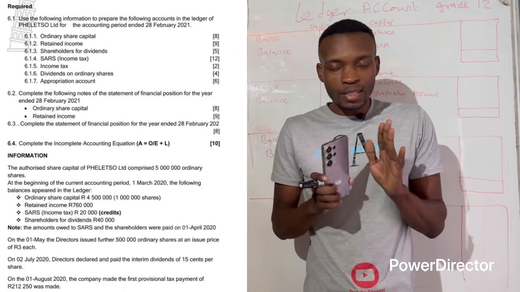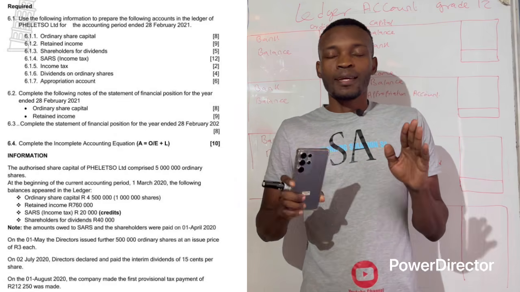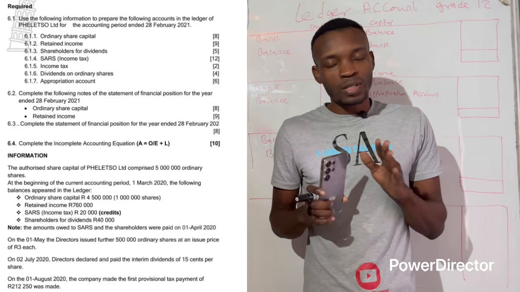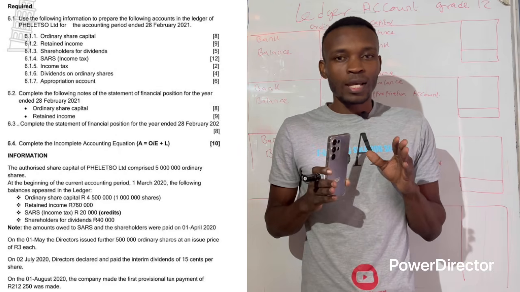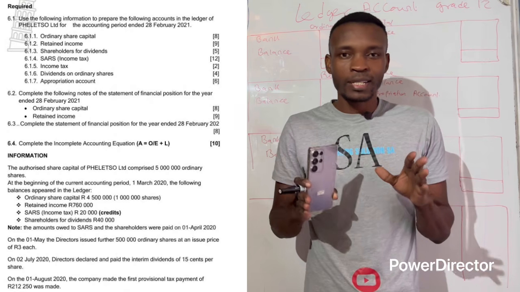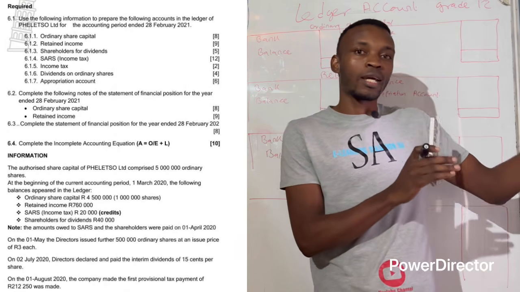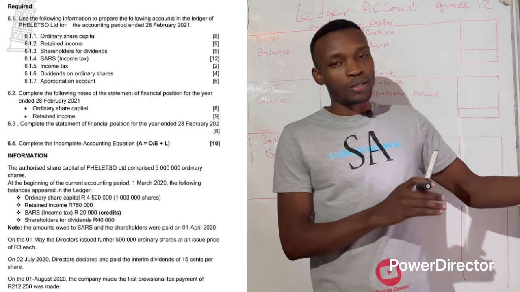But this is what I want to emphasize before I start. In grade 12, we are going to deal with a company. A company has many different cases compared to the ones you did in grade 10 and 11, partnership and sole trader.